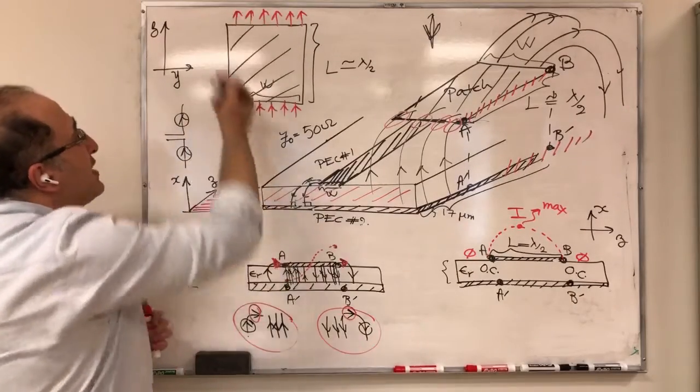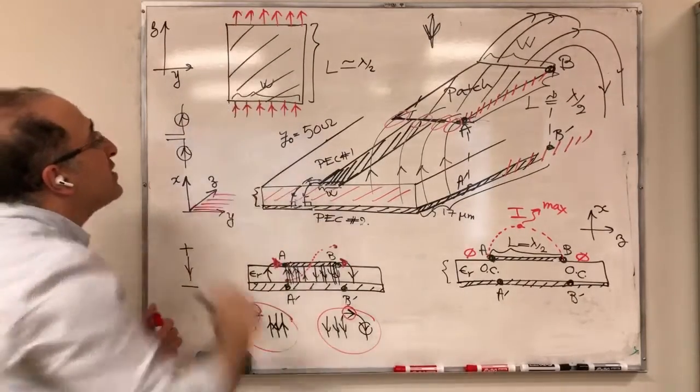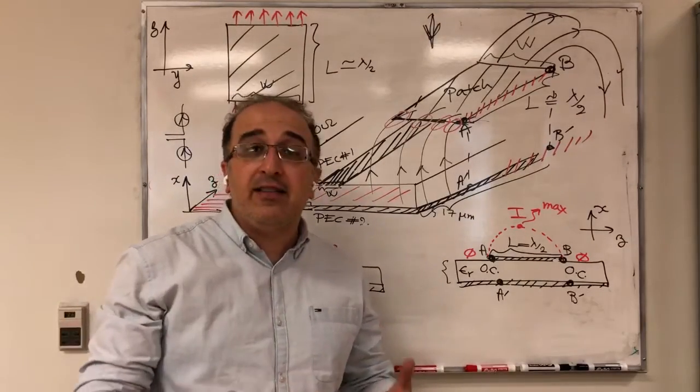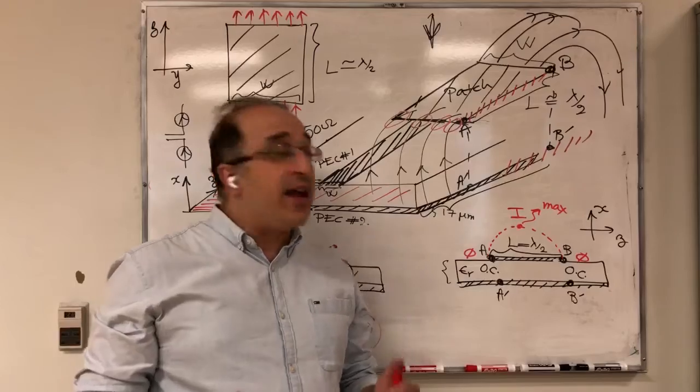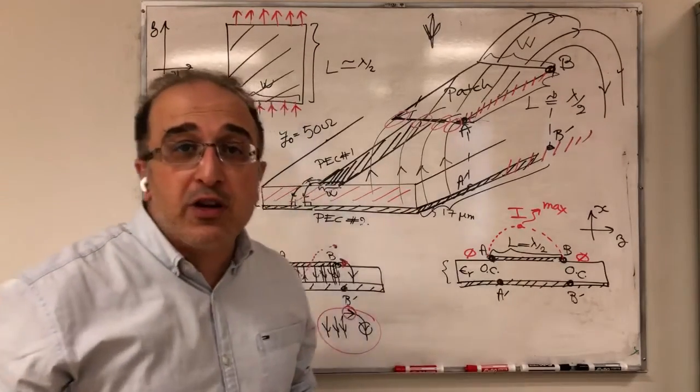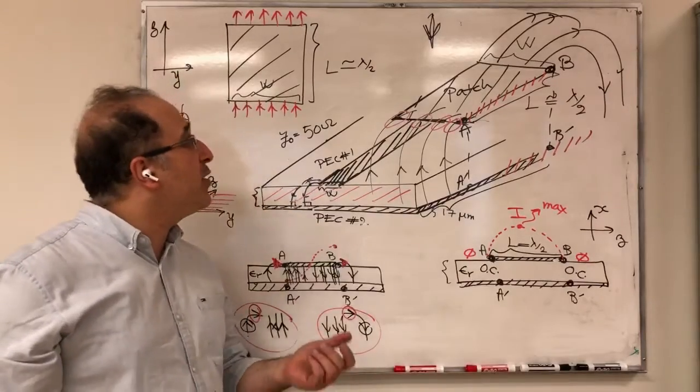And here we have the same situation, two sets of in-phase electric fields. According to this transmission line model, these are the ones responsible for creating radiation from this antenna.